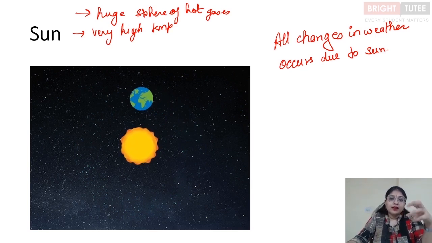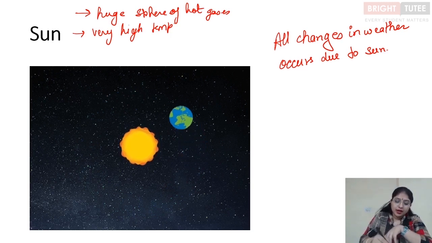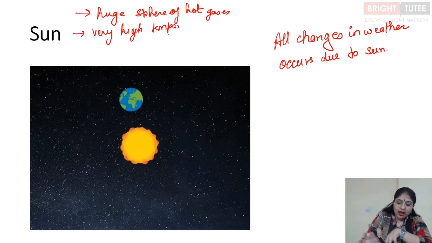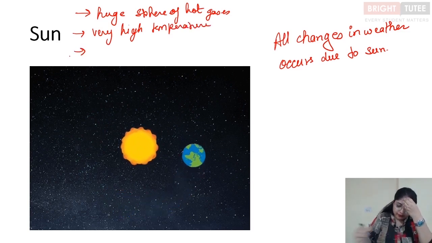So you can see how hot it is, and because of this particular phenomenon we are able to receive the warmth of the sun, right? So it has a very high temperature, right?